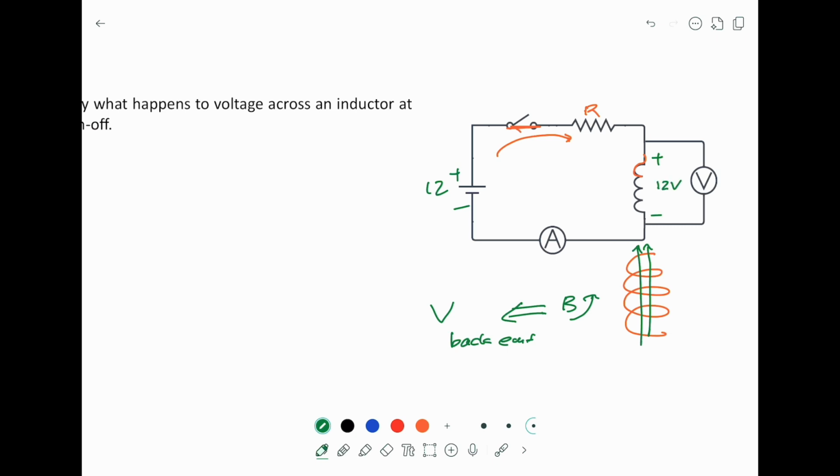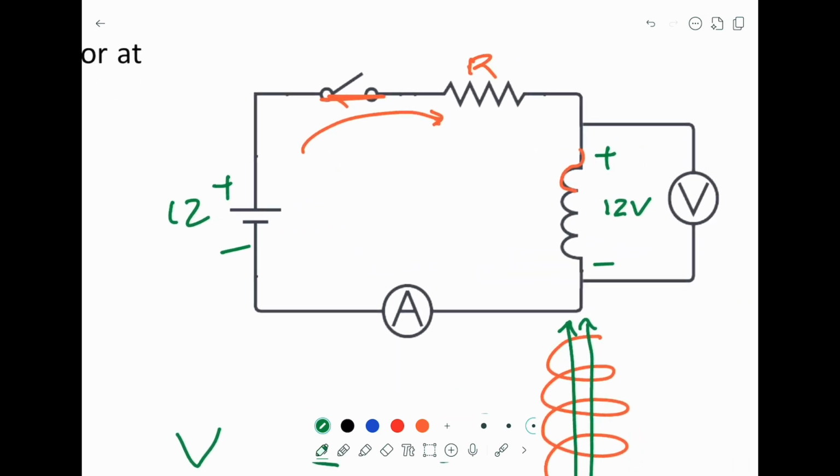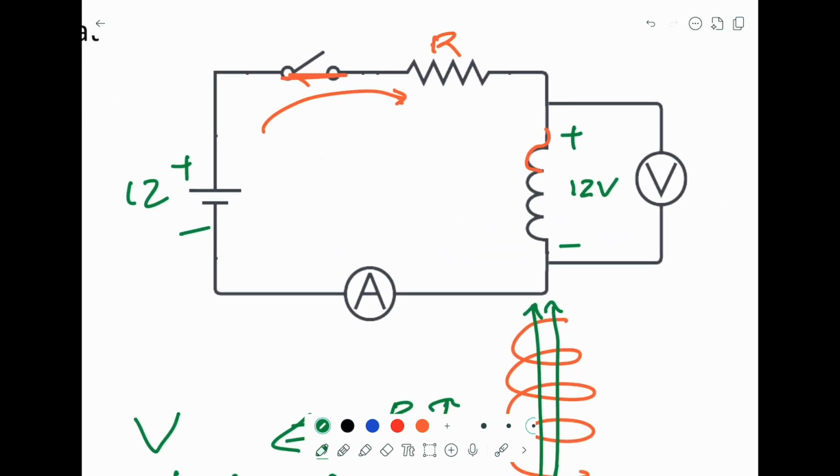So these two voltages try to oppose the change of the current. I mean, the current increases, and the inductor doesn't like the current increase, so the induced back EMF will oppose it. So at the moment when the switch is closed, the voltage is 12, same as the DC voltage.